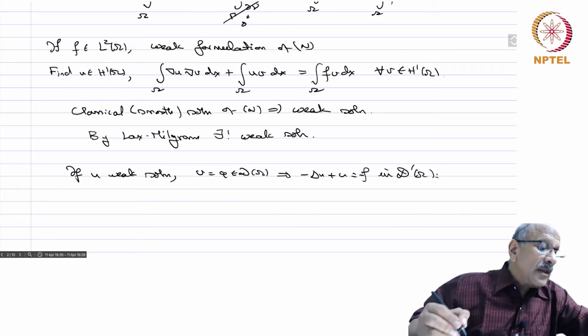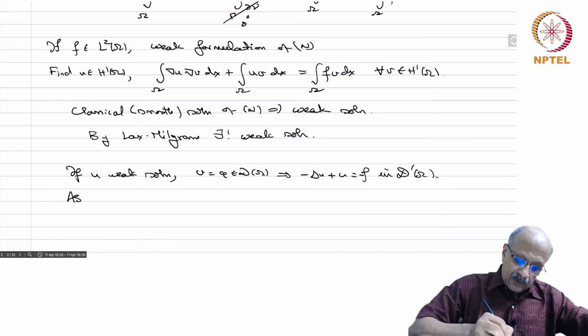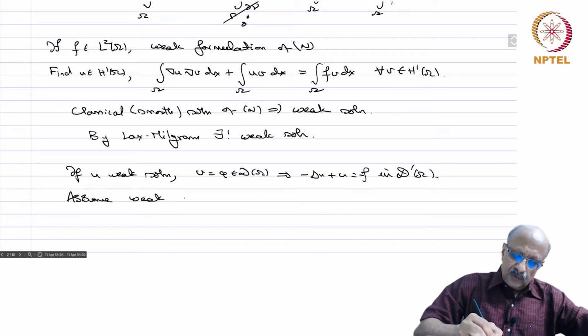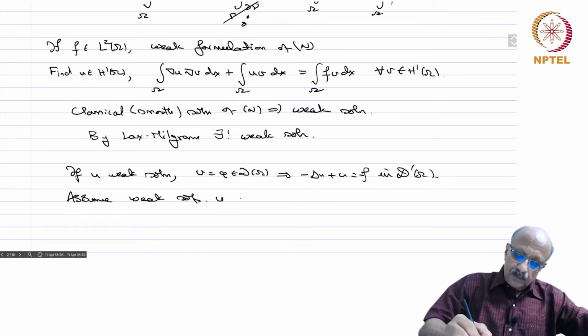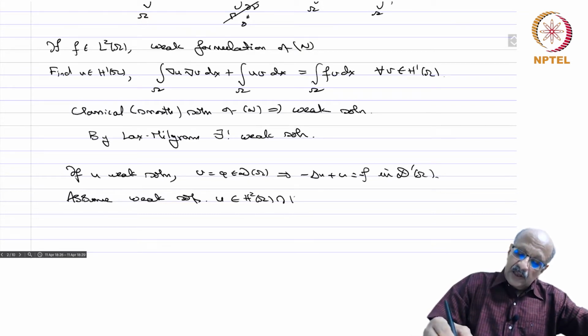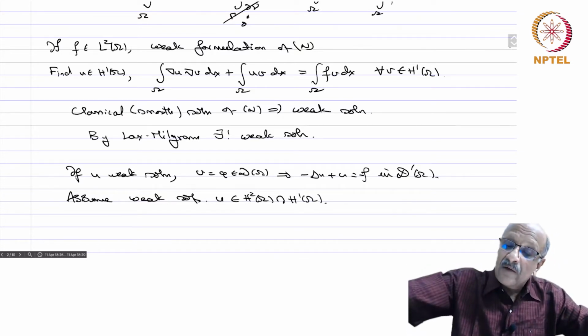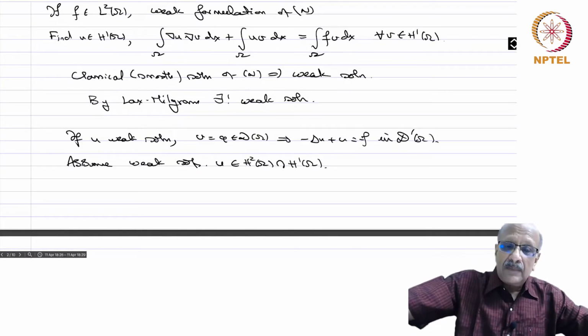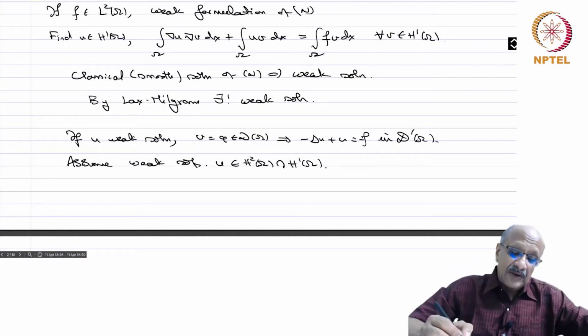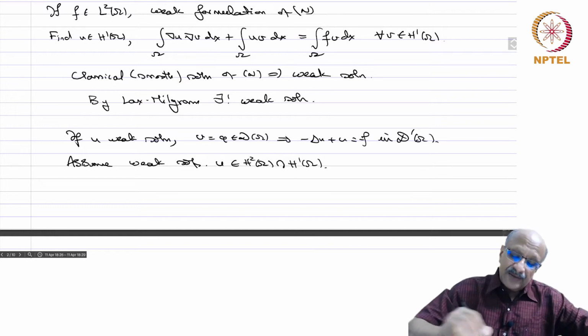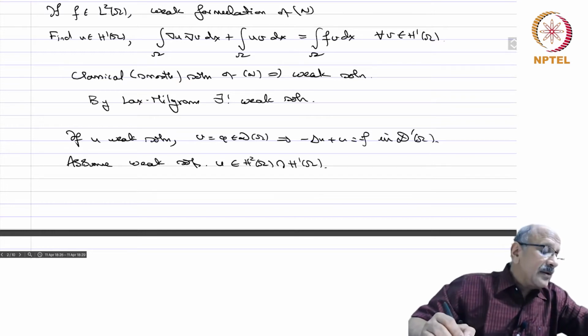Now let us assume the weak solution u belongs to H2 of Omega intersection H1 of Omega. So let us assume that you have some additional smoothness, which again, as I have repeatedly said, is by means of a regularity theorem, and generally for reasonable domains this will always be true.